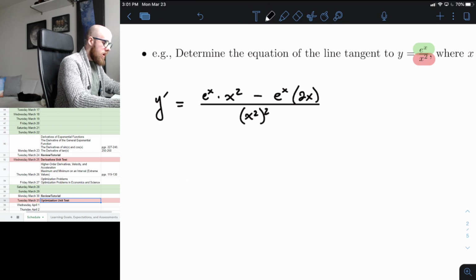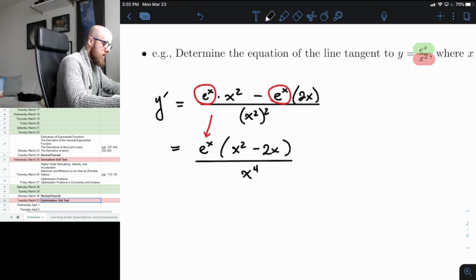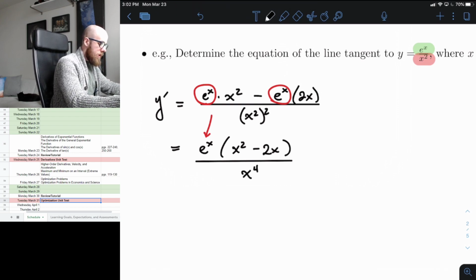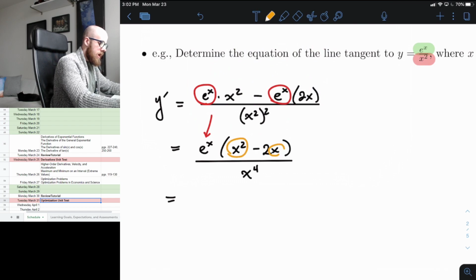Now we can do a little bit of simplification here, right? I can factor out e to the x, because that's common in both pieces. I have an e to the x here and an e to the x here. When I do that, I'm left with x squared minus 2x, and this entire thing will be over x to the power of 4. And I could even factor out an x, because I have an x squared and I have an x.